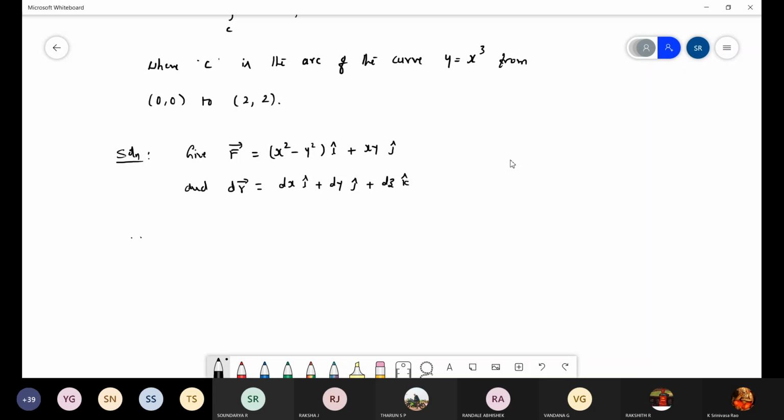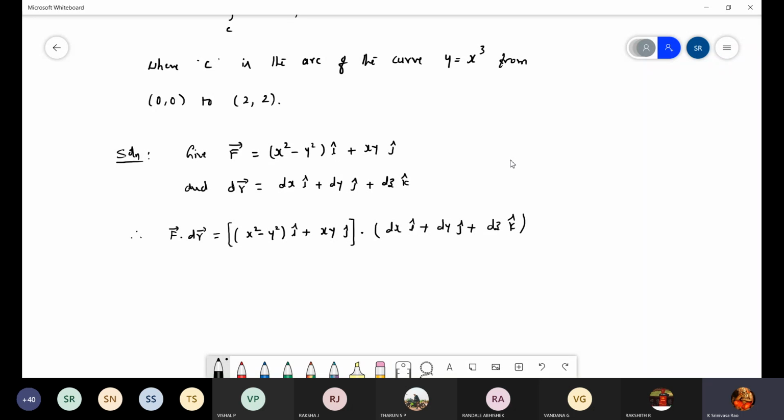Therefore, f dot dr equals x square minus y square i cap plus xy j cap, dot dx i cap plus dy j cap plus dz k cap.